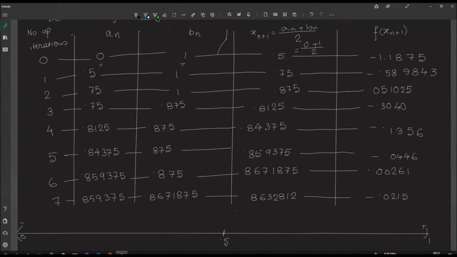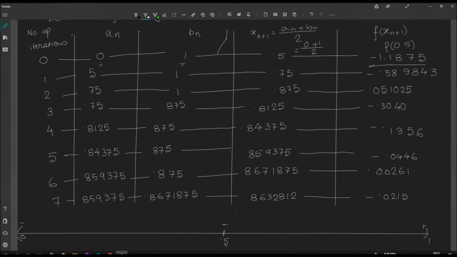Now putting the value of 0.5 in f(x), we are getting the result as minus. That means f of 0.5 is minus.